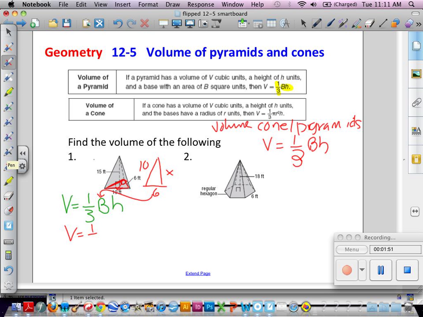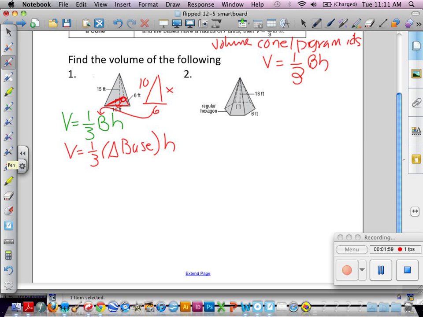So for my volume, I'm going to take 1/3. I have a triangular base is what I have. And then I'm going to multiply it times the height. So I'm going to need to find the side right here. I'm going to have to use Pythagorean theorem. 6 squared plus x squared is 10 squared.